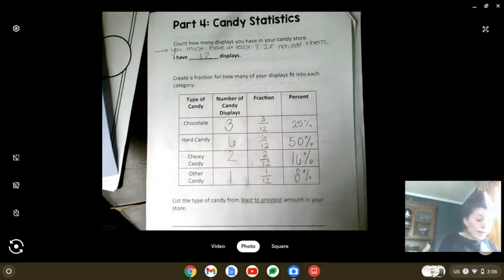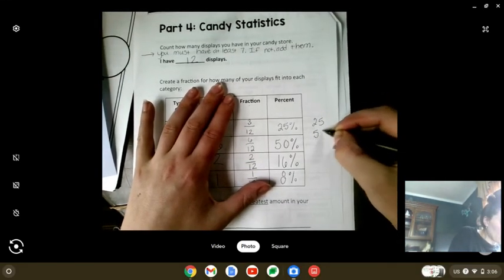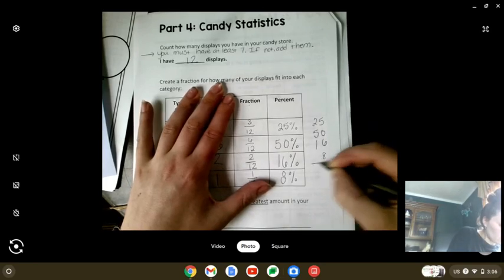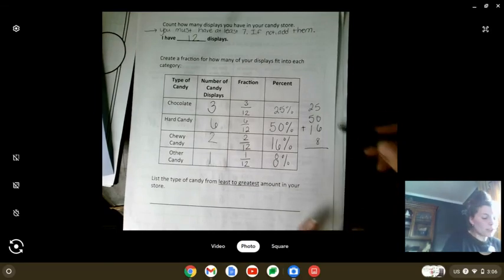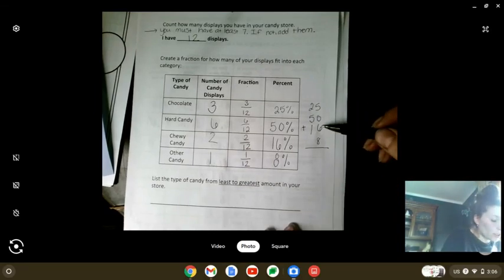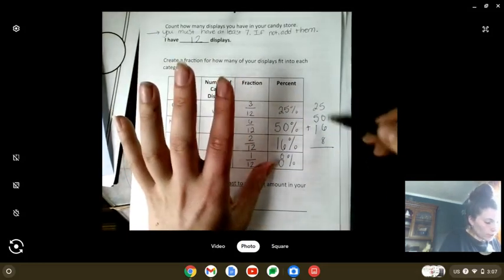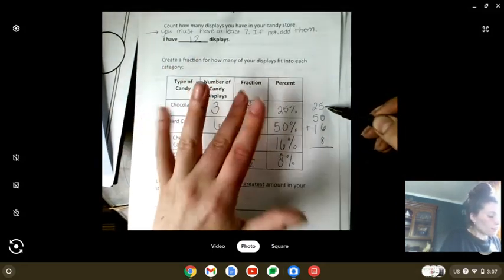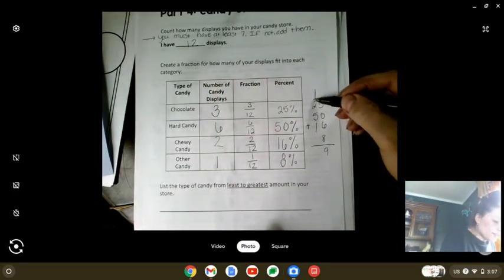Now, if I were to add up all my percentages, I would be very close to 100. So I want everyone to add up their 4 percentages, see what they get, see if they're close to 100. So 6, 8, 9, 10, 11, 12, 13, 14, plus 5, 15, 16, 17, 18, 19. Add a 1, 5, 6, 7, 8, 9.